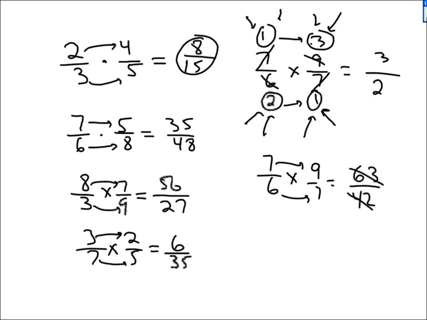You need to know your times table. You need to know that 21 goes into 63 3 times, and it goes into 42 1 time. And there's your 3 over 2.